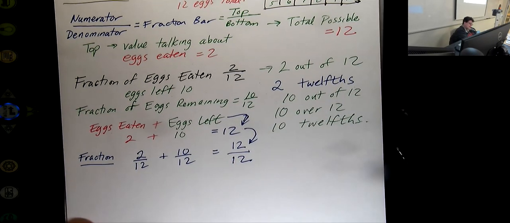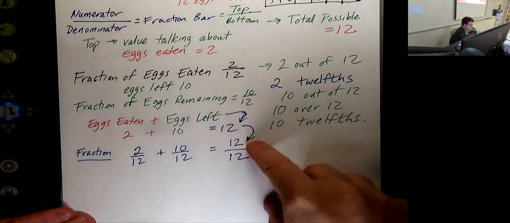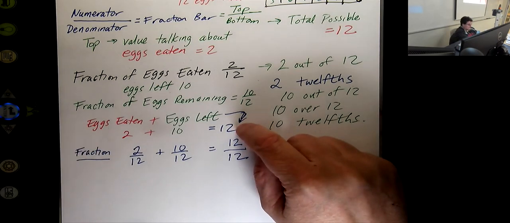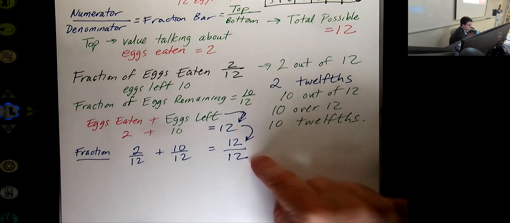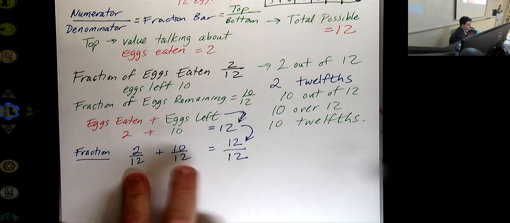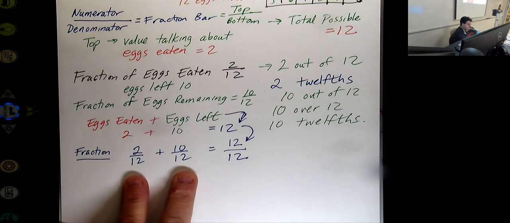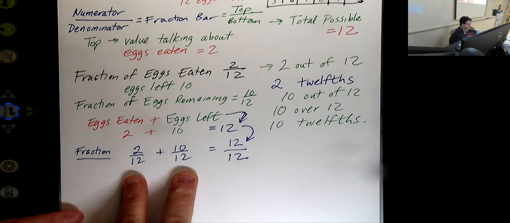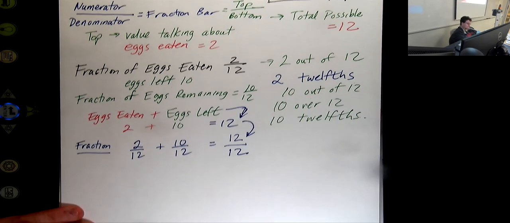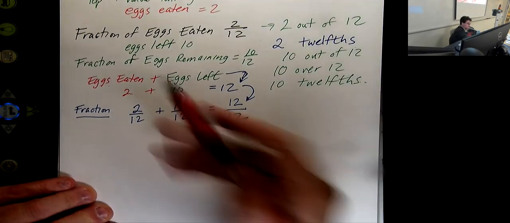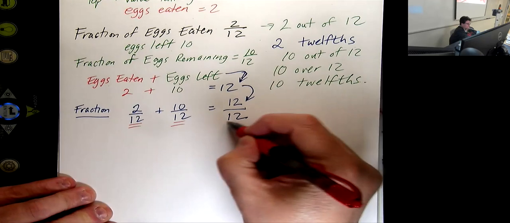I should have the total eaten or left over, over the total possible. I haven't told you how to add fractions, but if you notice, the bottoms are the same.